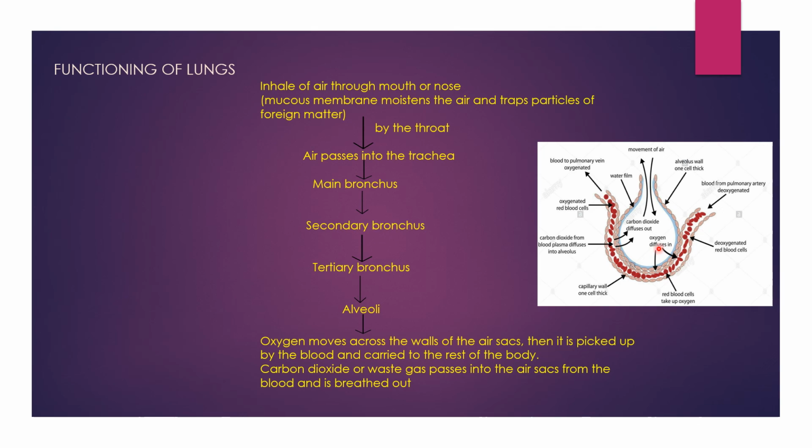So they will pick up this air, mainly oxygen, from here. And carbon dioxide or waste gas passes into the air sacs from the blood and is breathed out like this from here. So this is the functioning of lungs, how lungs work.